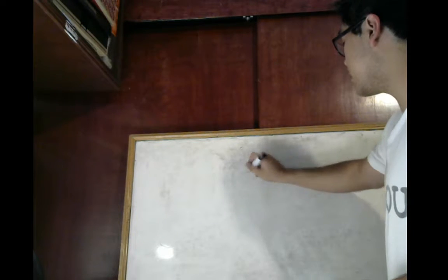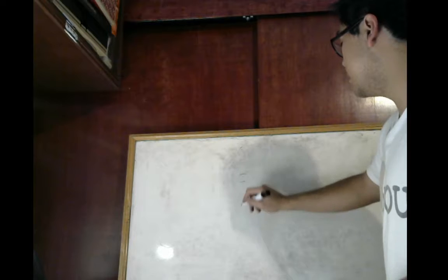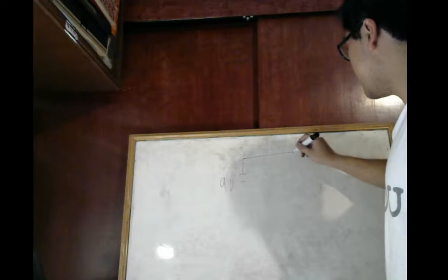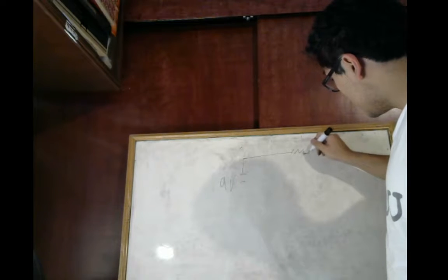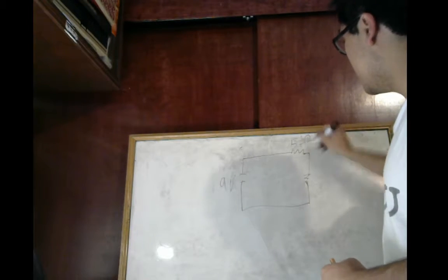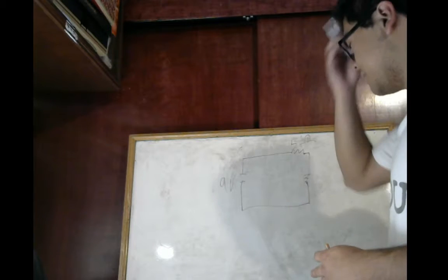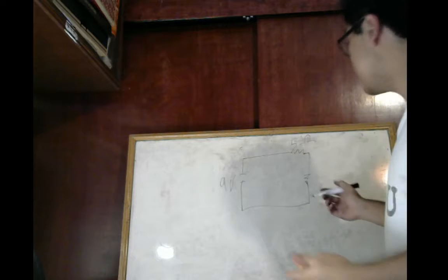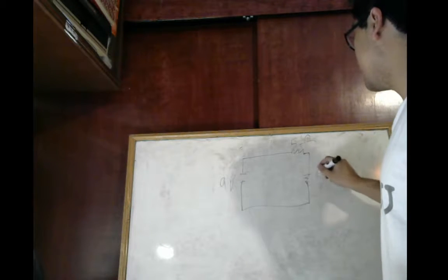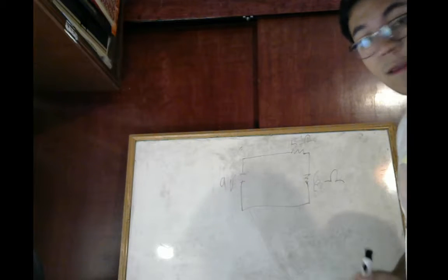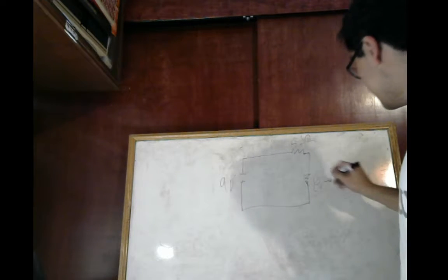Let's have a small 9 volt battery here, that doesn't matter right now, and we have a resistance here, another resistance here, let's see, 5 ohms. Ohm is the unit to measure resistance, and let's see again 6 ohms, right?